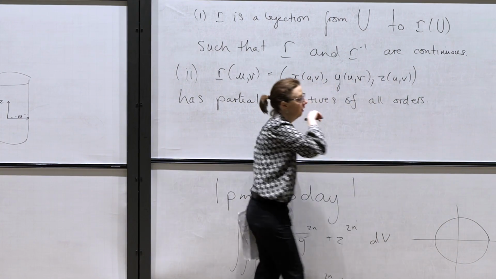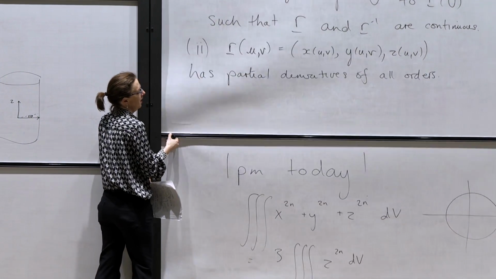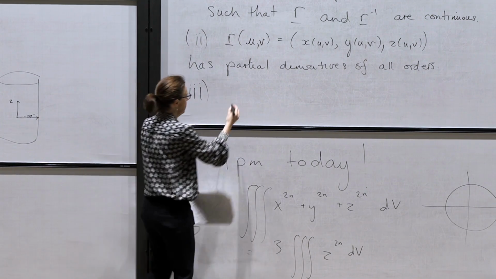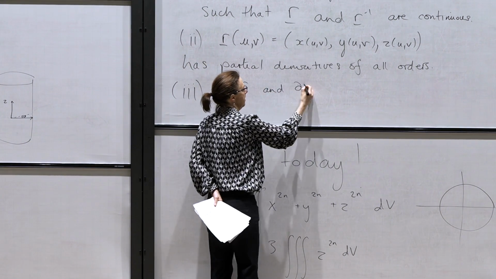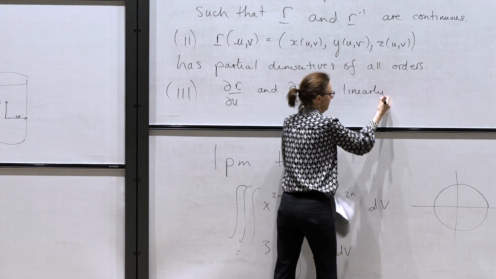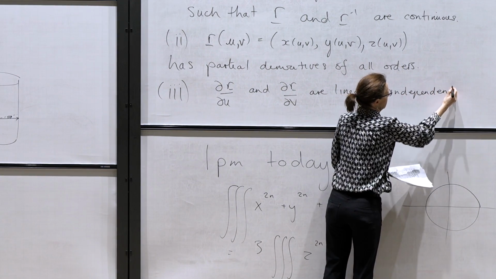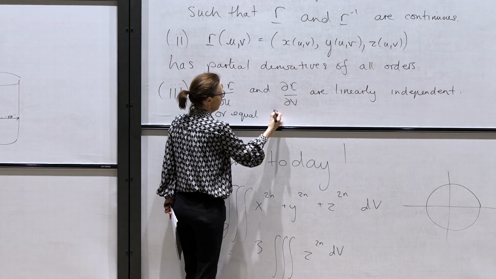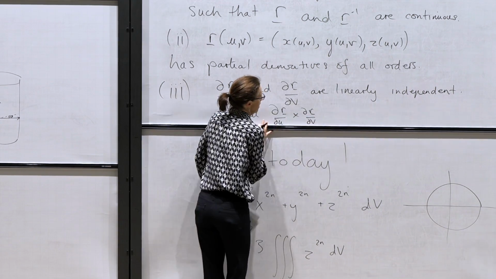So I can compute, for example, partial dx du, but I can do that at all orders. And then finally, my third property of this map is that dr du and dr dv are linearly independent. So that is the same as saying that the cross product, dr du cross with dr dv, is non-zero.